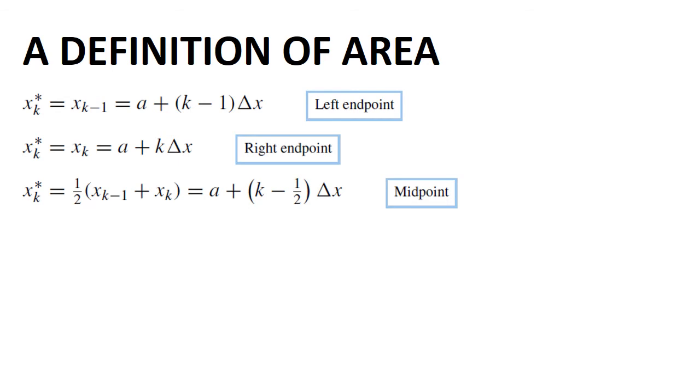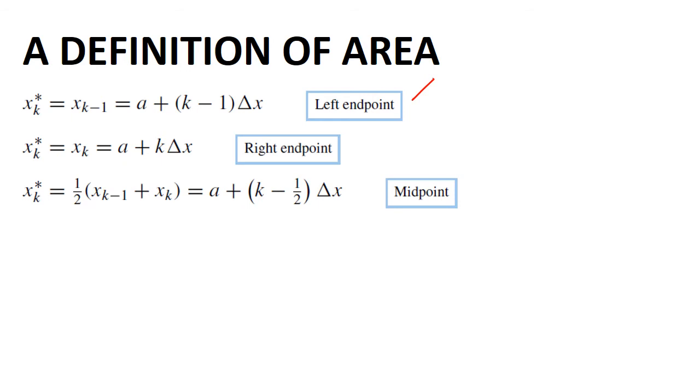And meron silang kanya-kanyang values ng x star k or yung value ng point within the subinterval. Kapag ginamit yung left end point, ang value ng x star k is ito, a plus k minus delta x. Paki-take note. Kapag right end point, a plus k delta x.